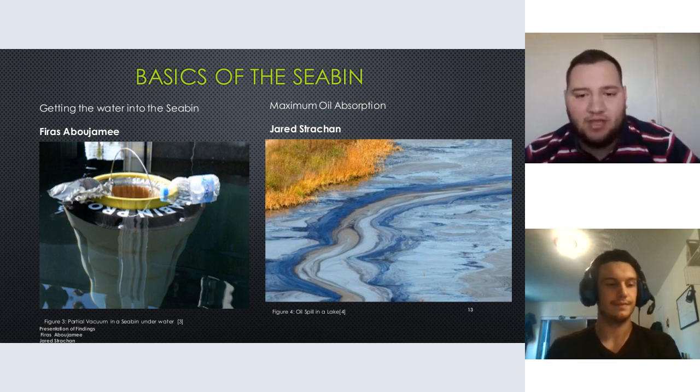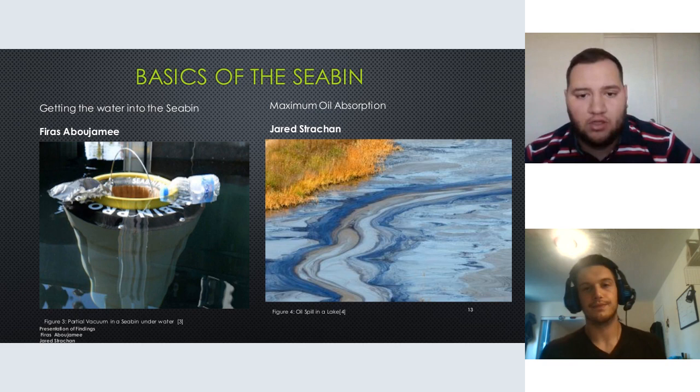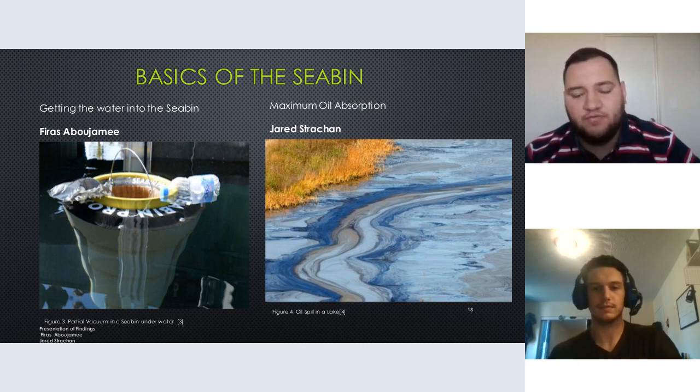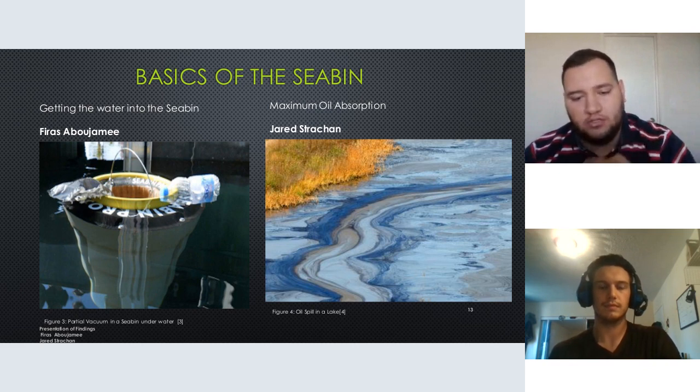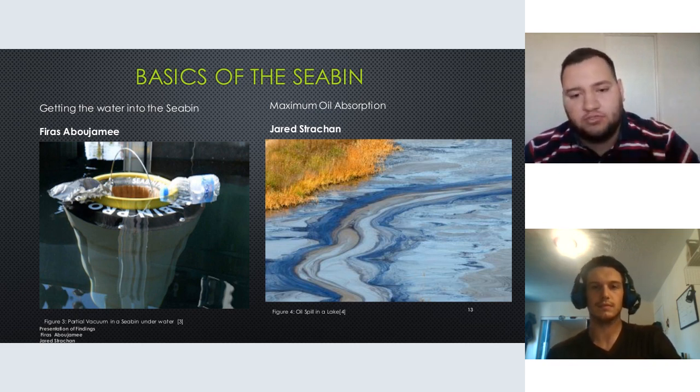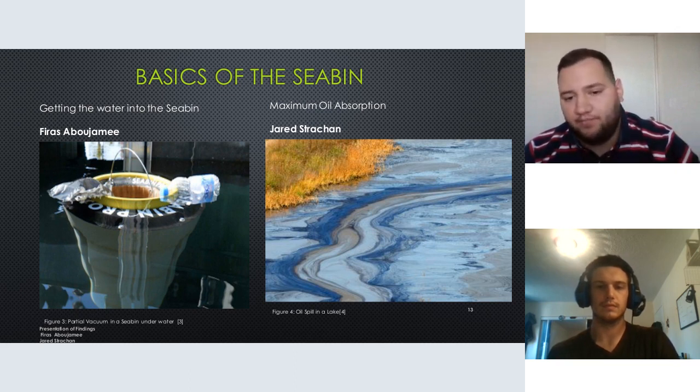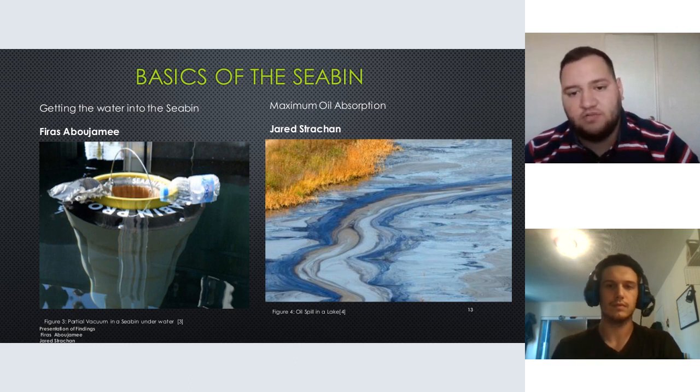The Seabin actually works through a pump that takes the water from the ocean, filters it, and then returns it back to the water body. As Jared said, the Seabin also cleans up the water from oil spills, and it's really beneficial for our environment.